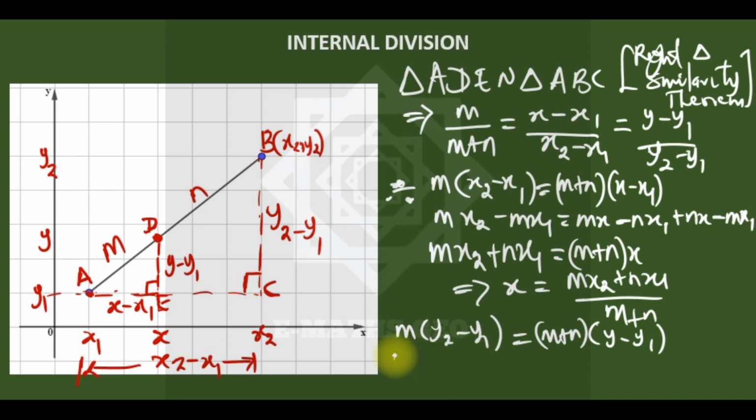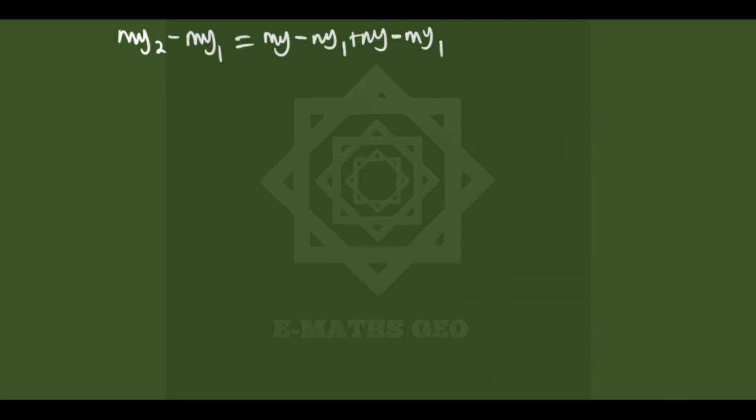If you open up, my2 minus my1 equal to my minus ny1 plus ny minus my1.